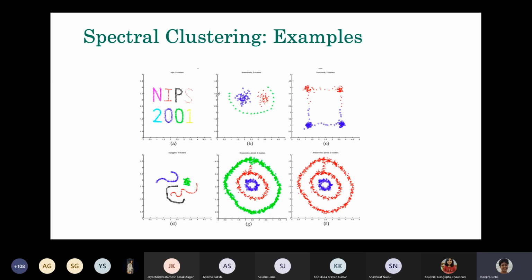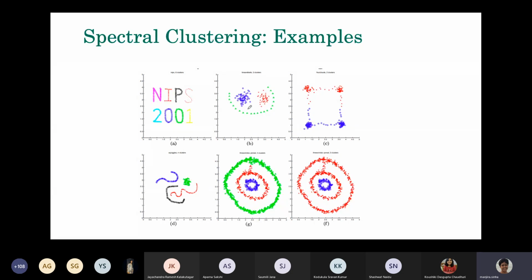So this is an example of 8 clusters. NIPS, I believe, is the conference on neural information processing, which is now called NeurIPS, and this is the authorship network on NIPS.